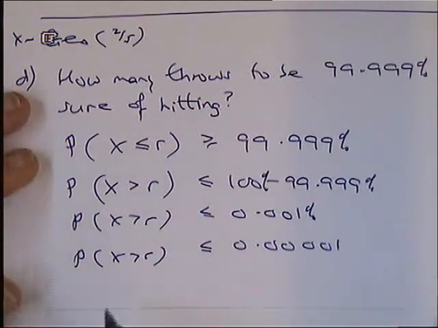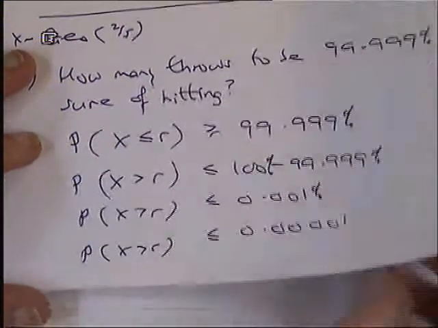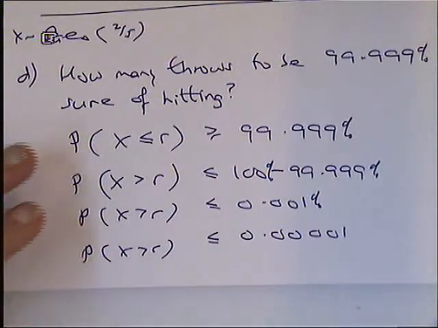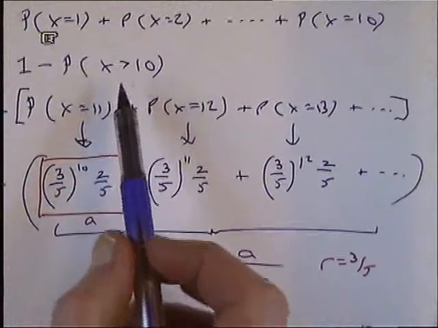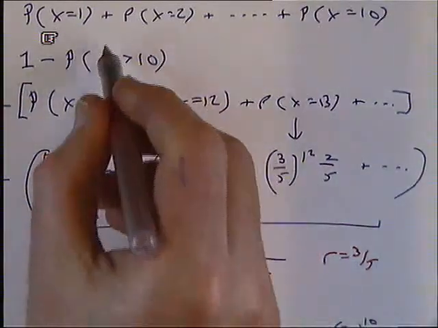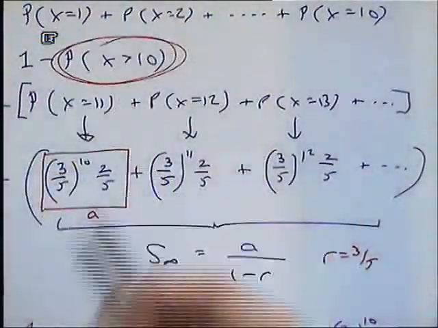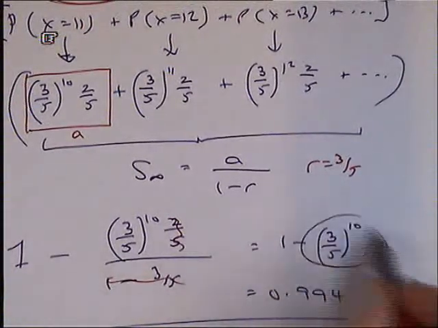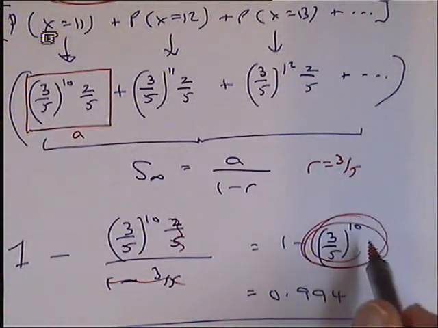Now, to work out the probability X is greater than R, we can use the result we've had already. In part C of the question, when we were looking for the probability that X was greater than 10, that turned out to be 3/5 to the power of 10.